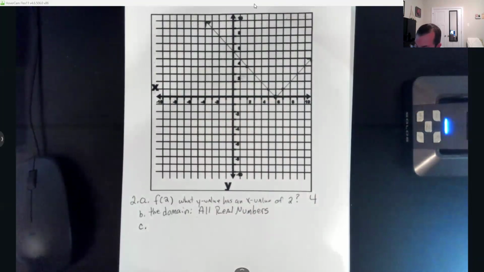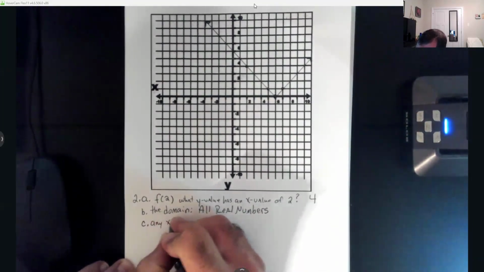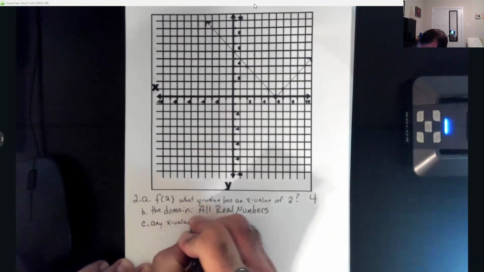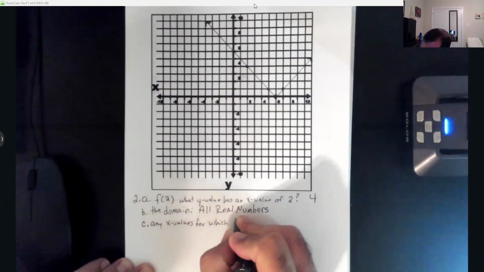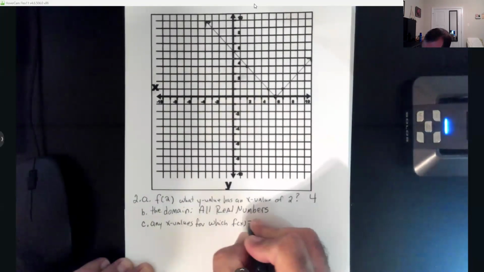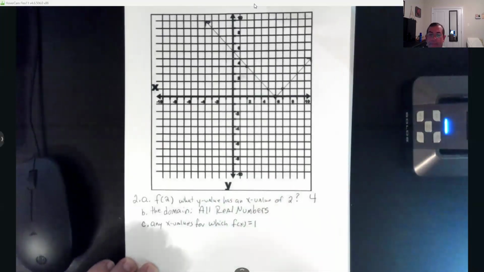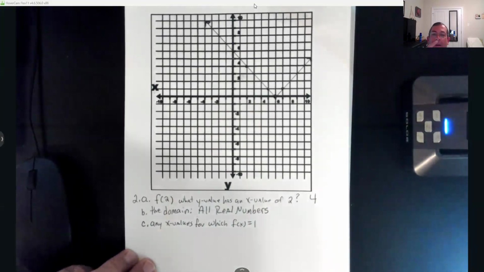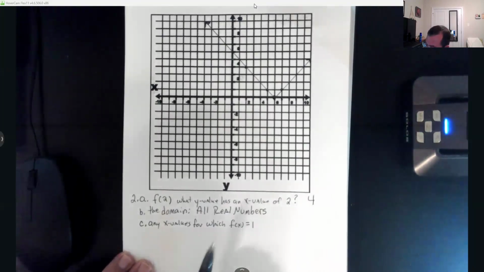All righty, y'all. See, they want to know any x values for which f of x equals 1. So remember what I'm looking for now?